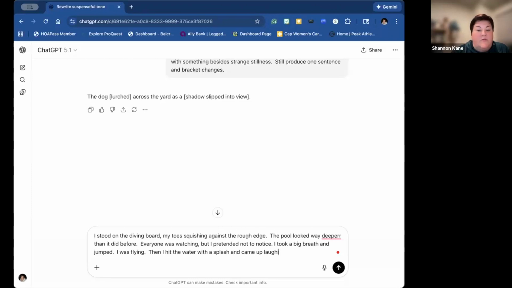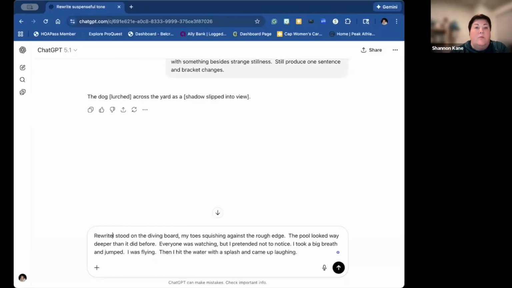So here's our paragraph that we're going to work with. It's written by a student. You can have it be by a student, you can have it be yours, right? Now I have this paragraph, I could copy and paste it.